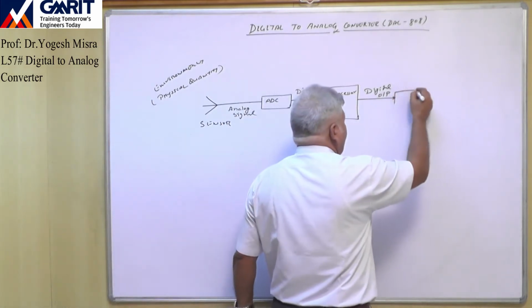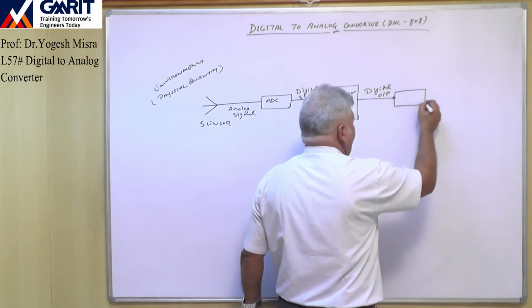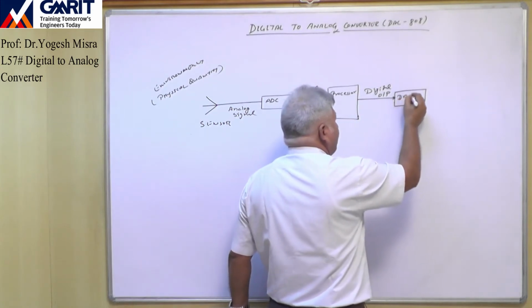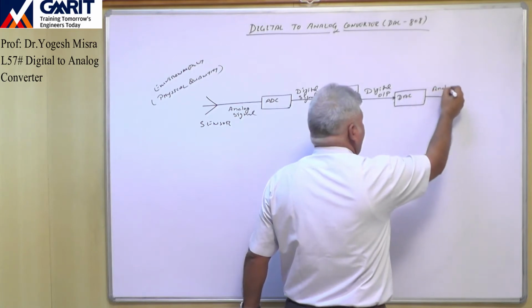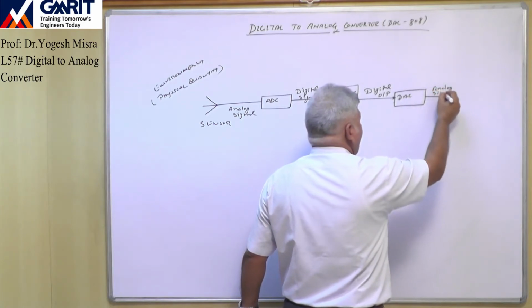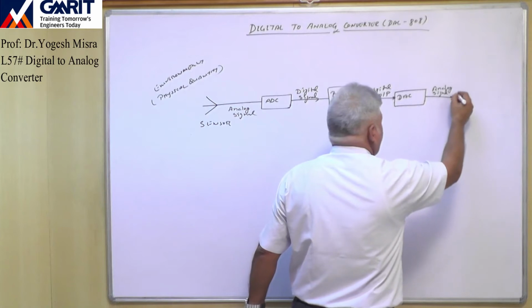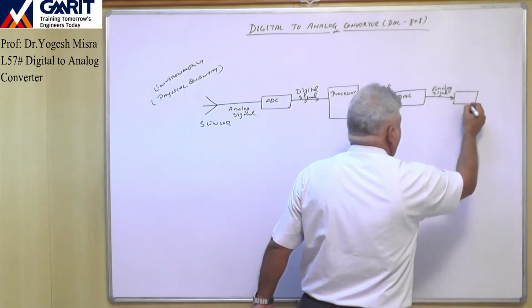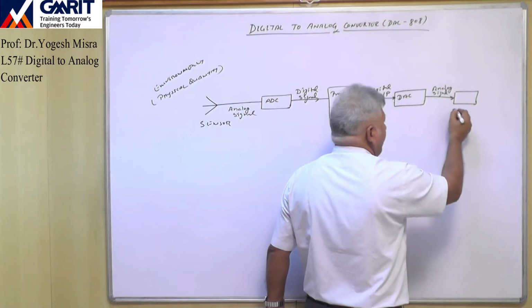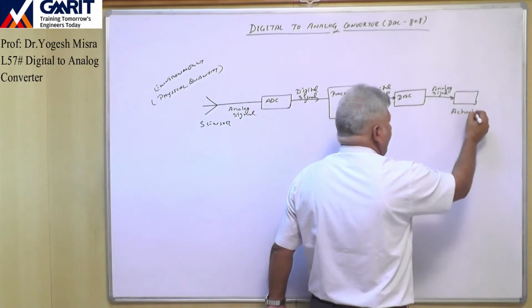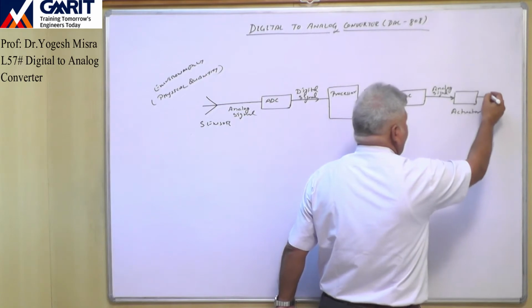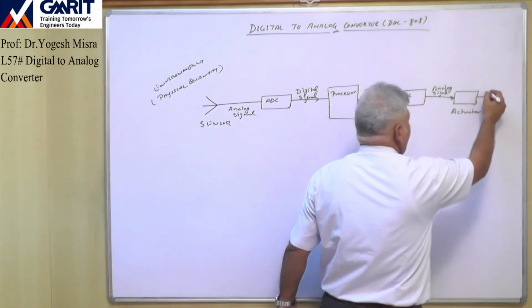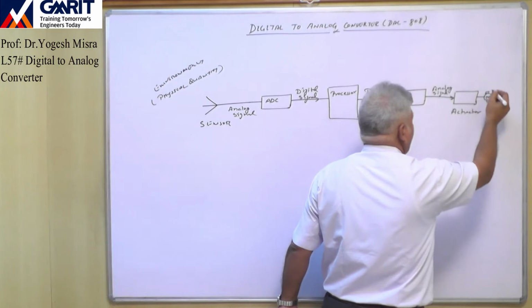Here we require one DAC. The DAC will generate an analog signal, and this analog signal will be used to run our actuator, like a motor. So here we have connected one motor.